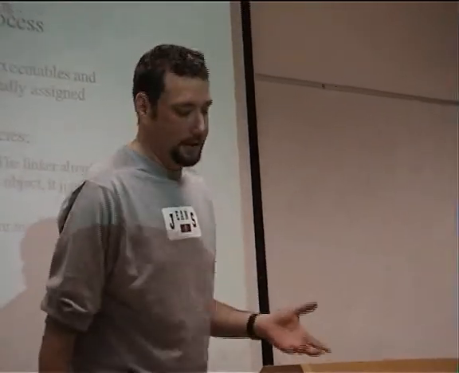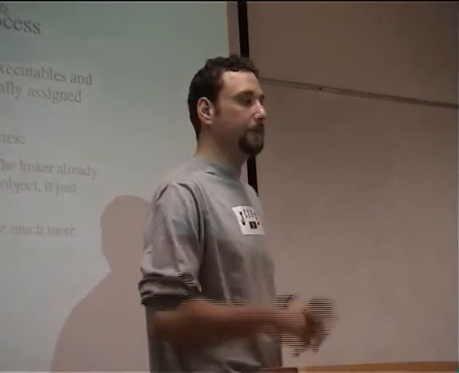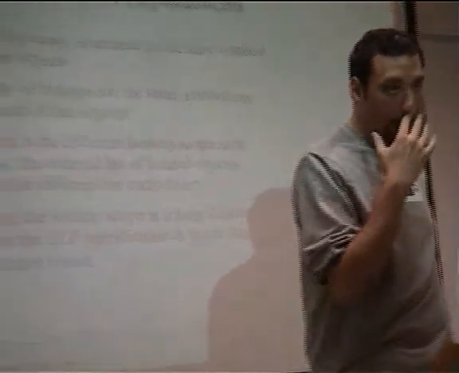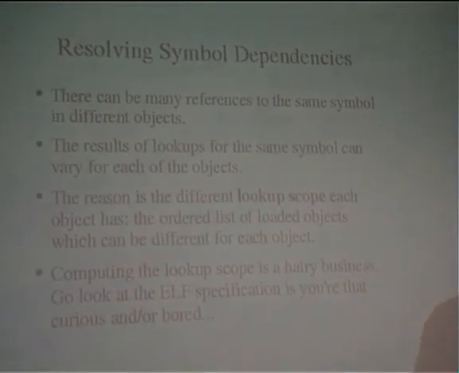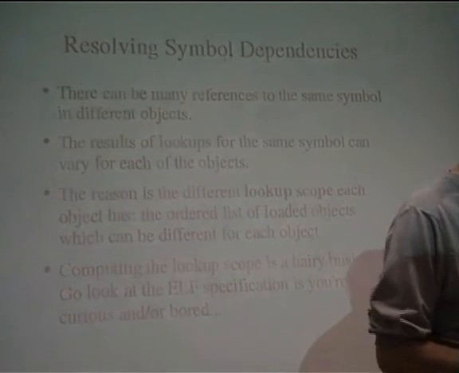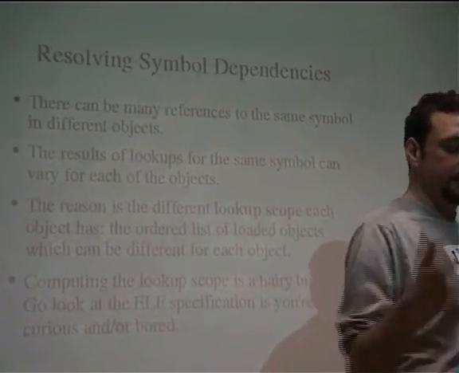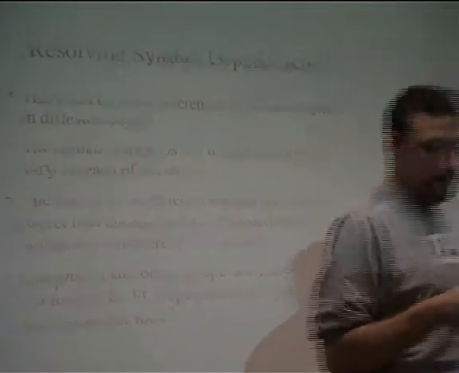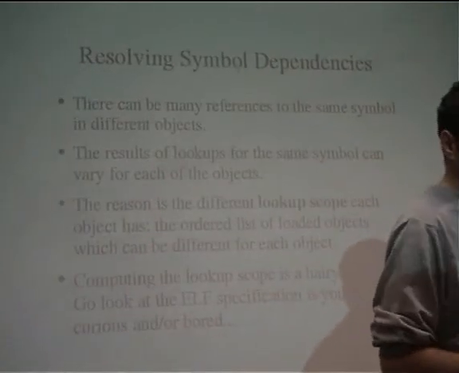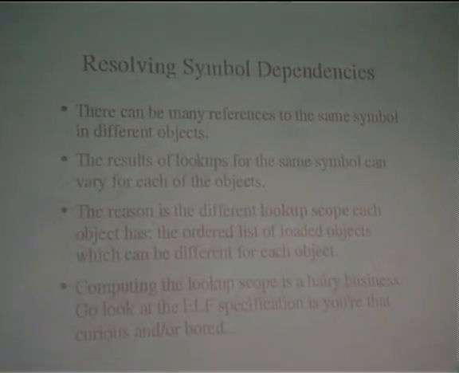Okay, the more interesting case, though, is dependencies which are symbolic. They're from some other object completely, so we can't do this offset trick and jump into the right location. We really need to find out where it is. A couple of things about resolving symbol dependencies, as they're called. First, there can be many references to the same symbol, and they're in different objects. The more surprising thing is that the results of lookups for the same symbol can be different for different objects.